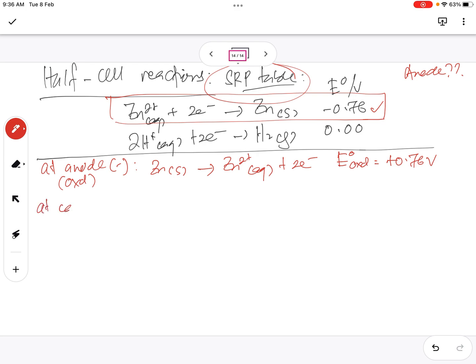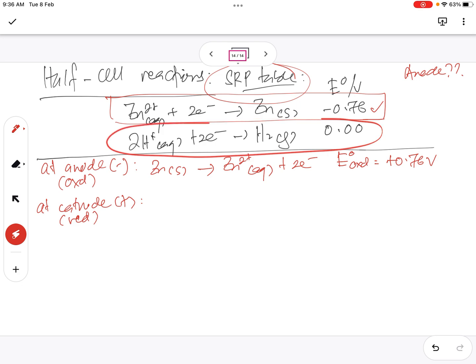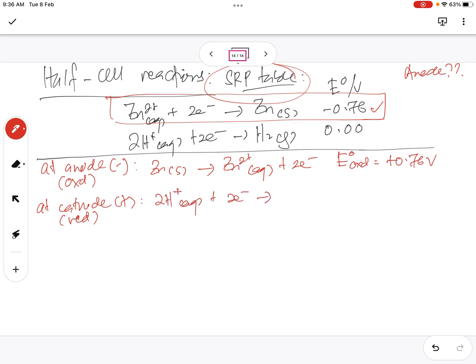At the cathode, which is the positive terminal, the process is reduction. Okay, reduction. So do we need to reverse? No need. So we write 2H+ plus 2 electrons gives H2 gas, E0 reduction 0.00 volt. Okay guys, clear?